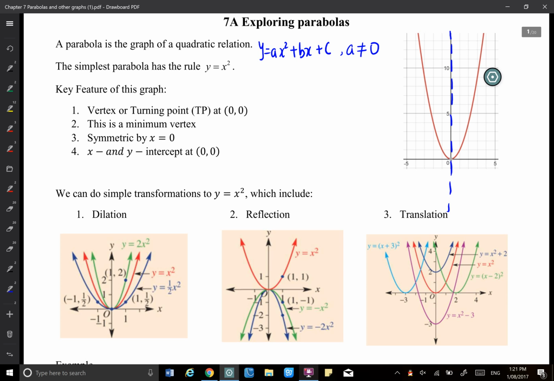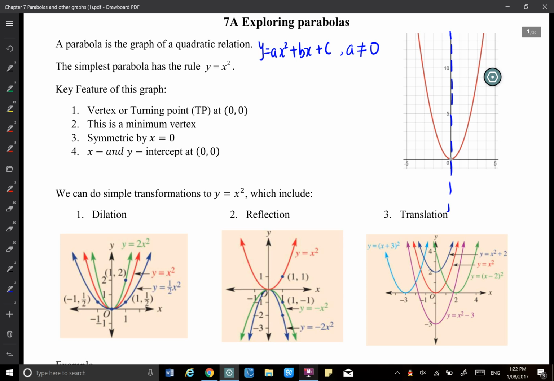This applies to all the quadratic graphs. Every quadratic graph will be symmetrical. I'll talk more about which line they are symmetrical about. It's not always the y-axis. Sometimes there are other vertical lines, but in this case, x equals 0 is the line of symmetry.